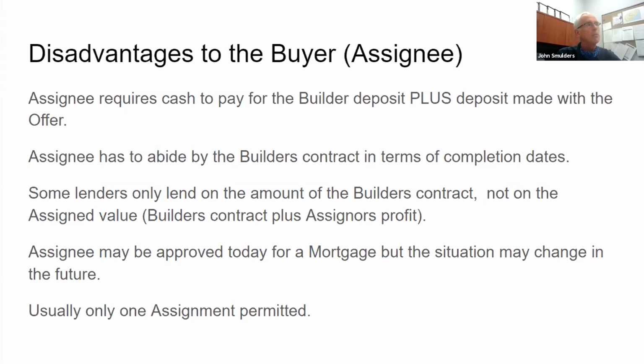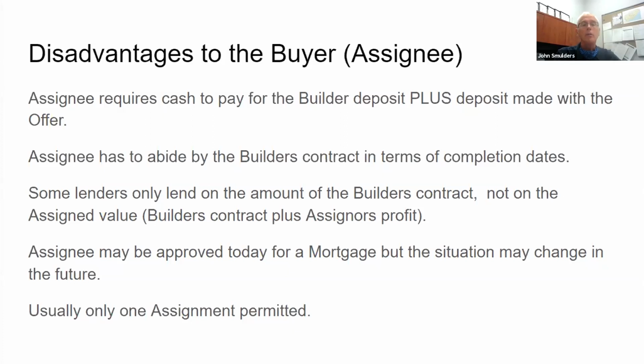So the builder's deposit is one deposit that has to be paid, correct? And the second deposit that has to be paid is the deposit that is put down on the agreement of purchase and sale to pay to the listing brokerage. Oh, okay. Now I got it. Okay, no problem, Jeff. Good question. Thank you.